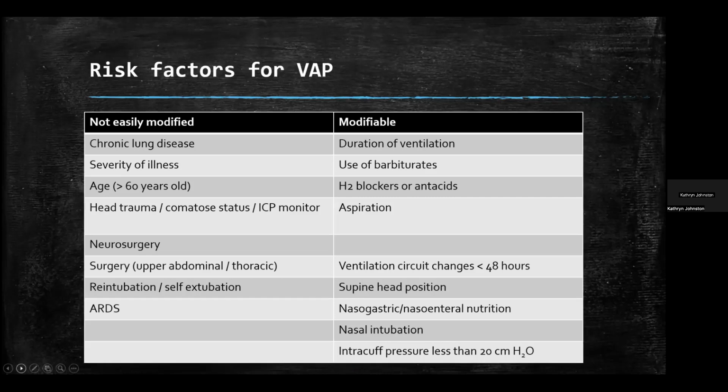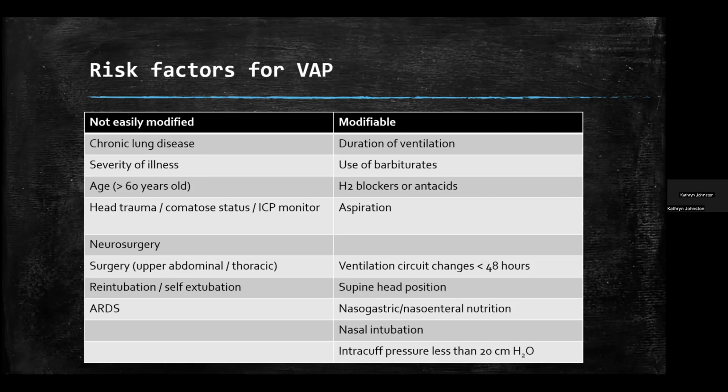So when you talk about those risk factors which are modifiable or not easily modified with respect to the ventilator-associated pneumonias, again, you have some not easily modifiable factors. Patients with chronic lung disease are at higher risk for pneumonia. Patients that are greater than 60 years old.